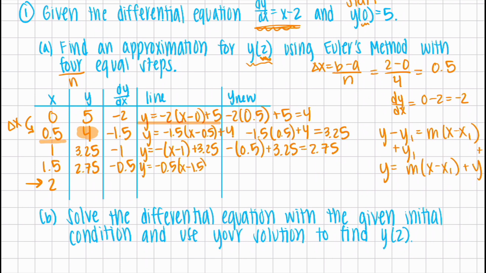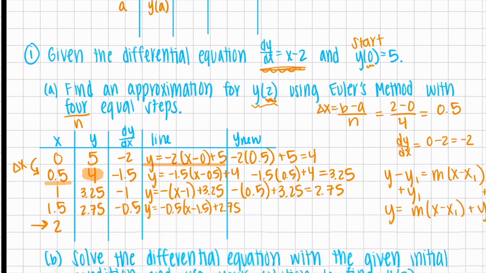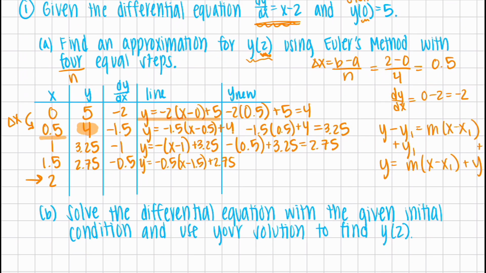All right, to get my approximation for y of 2, we're going to plug in our 2. 2 minus 1.5 is 0.5. And when we simplify this, we get 2.5.